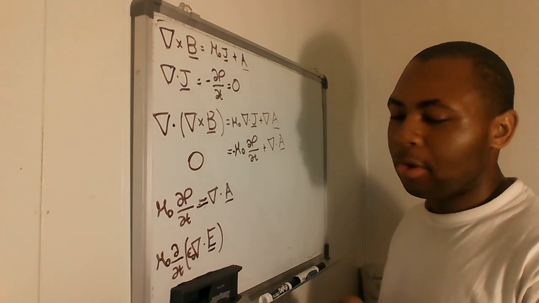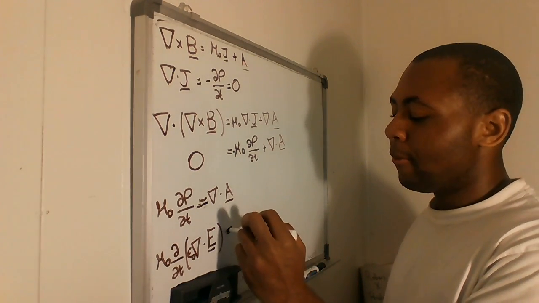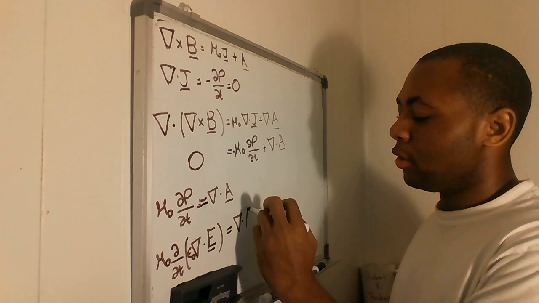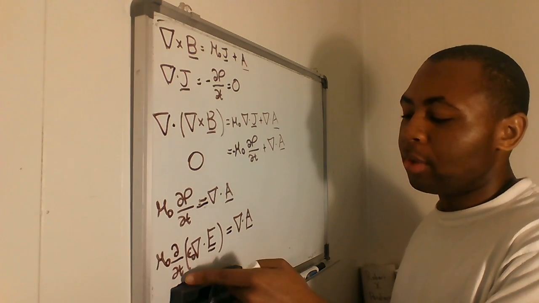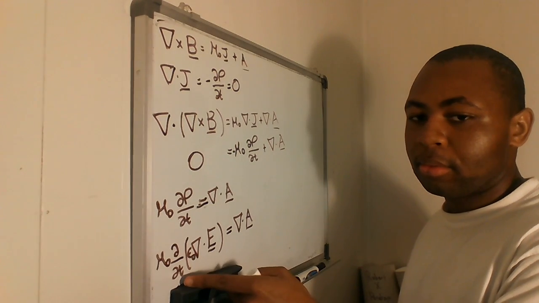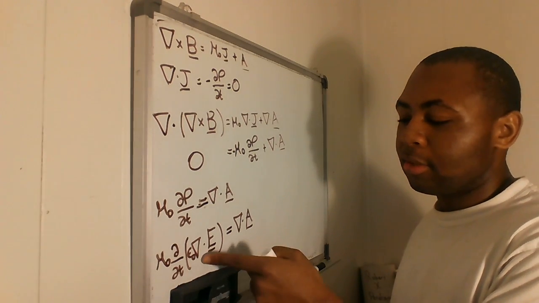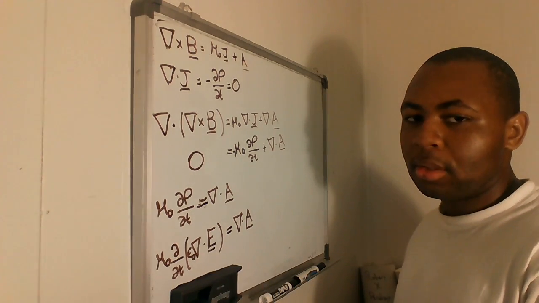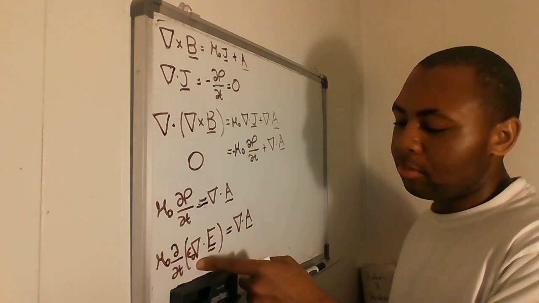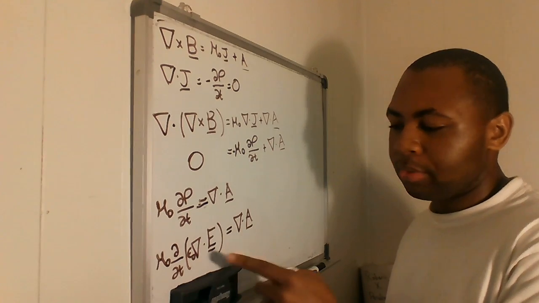This comes from Gauss's law. And this is also a divergence. We can take the divergence out of this del t, because t doesn't affect del. Del doesn't affect t. We're not dealing with any relativistic relationship, so we don't really have to worry about that.